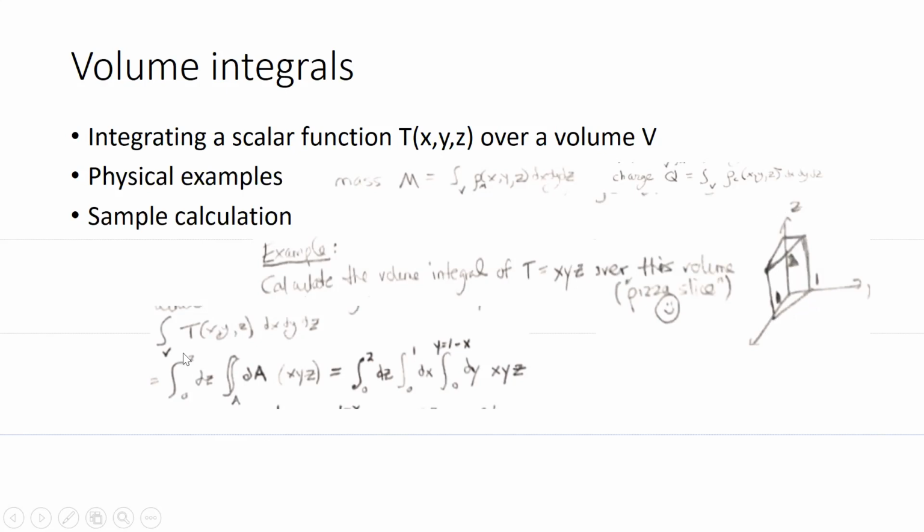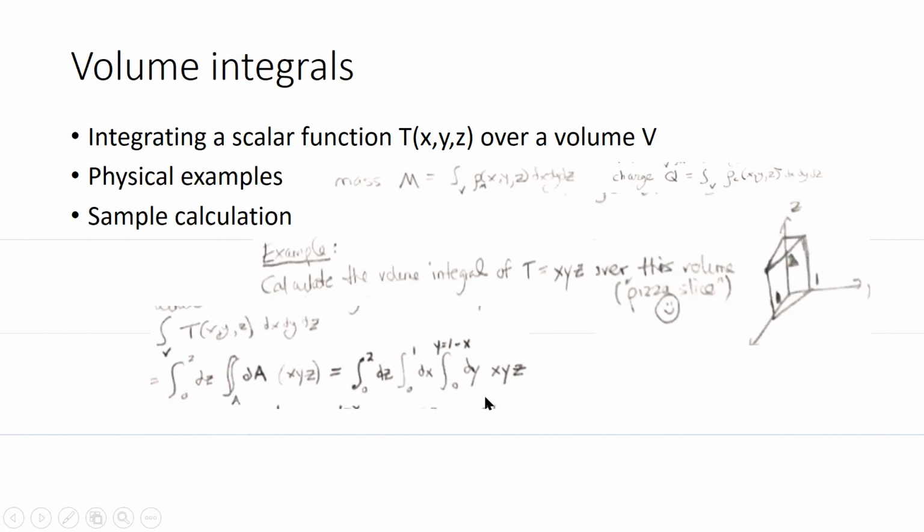So we'd have the integral from 0 to 2 dz times the integral over this area in the xy plane of the quantity xyz that we're integrating.